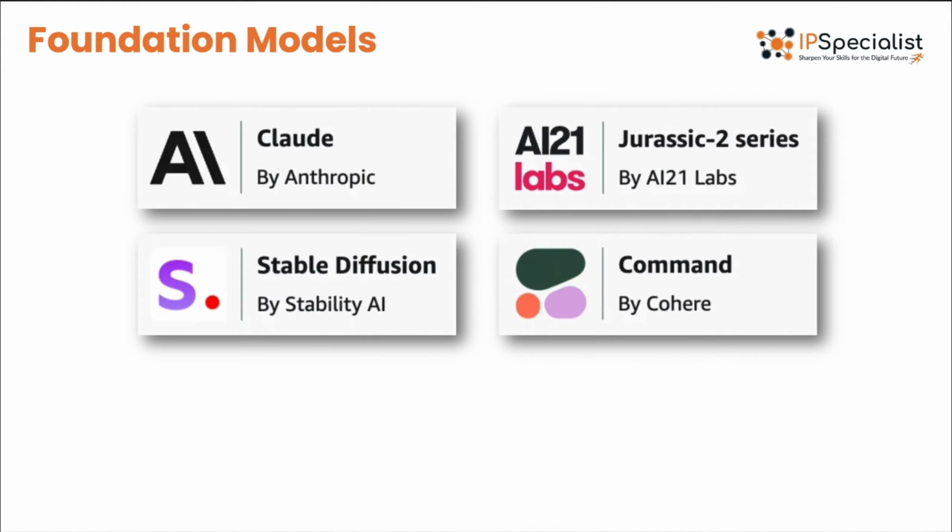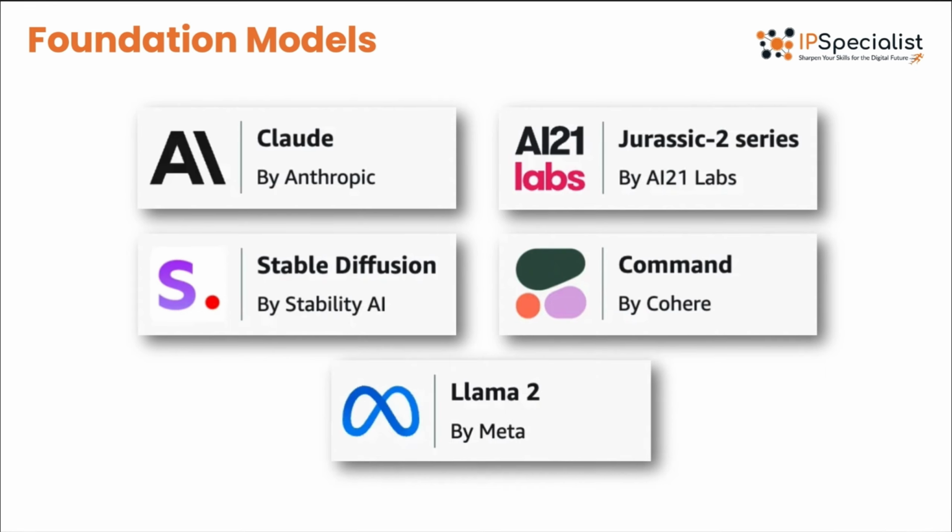Cohere specializes in embedding models, which are used for tasks like semantic search, classification, and clustering, which are perfect for applications like intelligent search engines or recommendation systems. And finally, Meta's Llama models, available in some regions, offer open weight access, which is great for organizations looking to build on top of models that allow more transparency and control. This variety gives developers the flexibility to choose the right model for the right job, all through a unified, secure interface without ever needing to manage the models themselves.